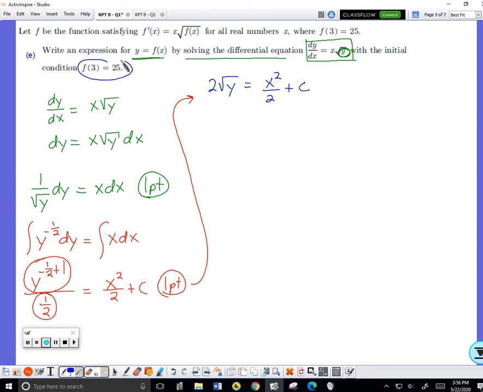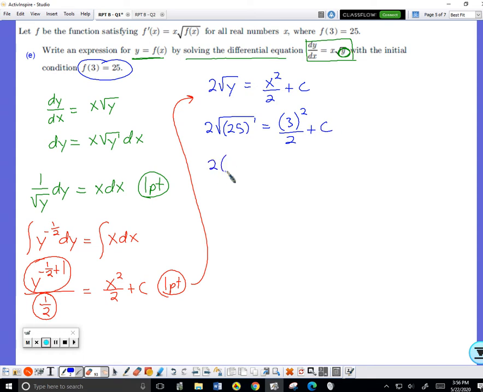So use my initial condition. So I take 2 times the y value, which is square root of the y value, which is 25, must equal the x value, which is 3, squared all over 2, plus the constant.